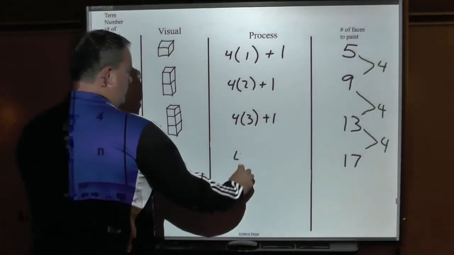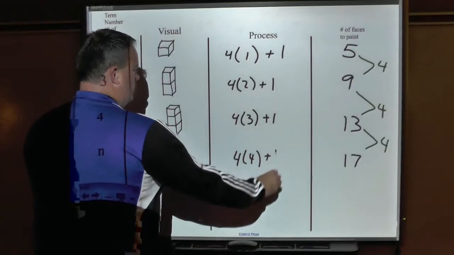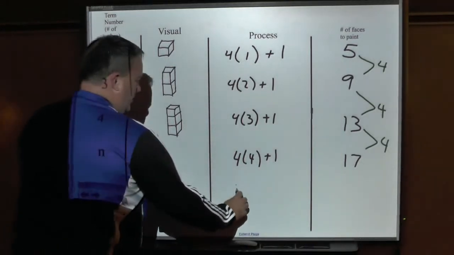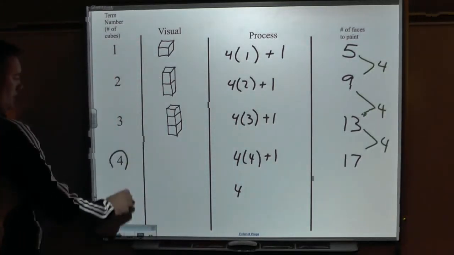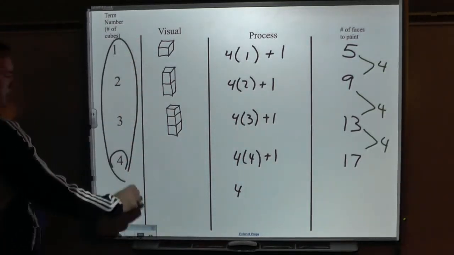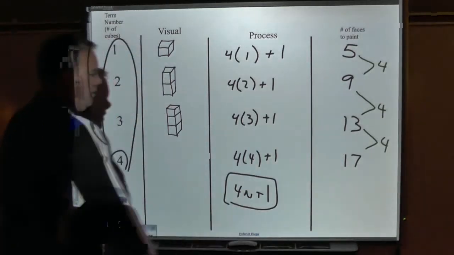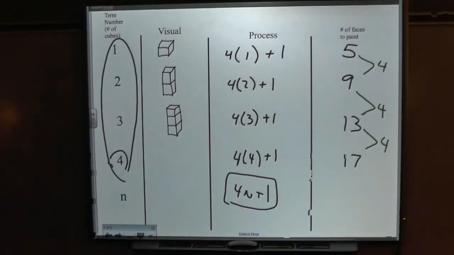And then for your last one, 4 times 4 plus 1 gives you that 17. In terms of n, all we do is we replace the domain, which is what we plugged in here, with an n. So now you have the function. That's the pattern that is happening.